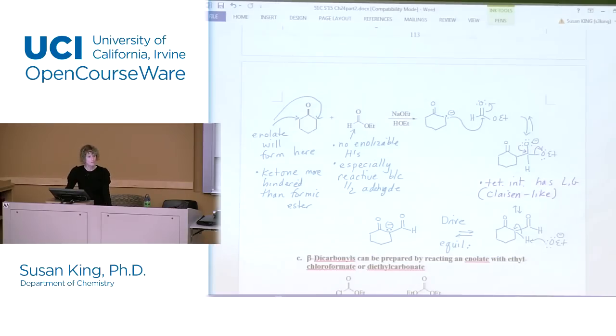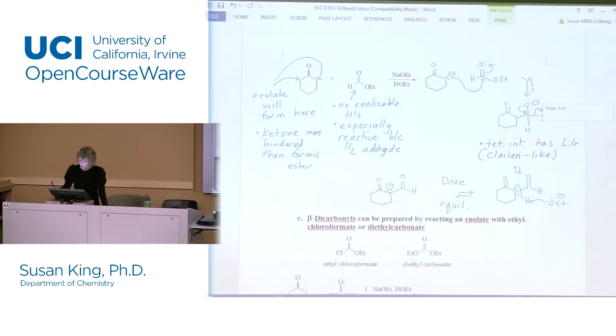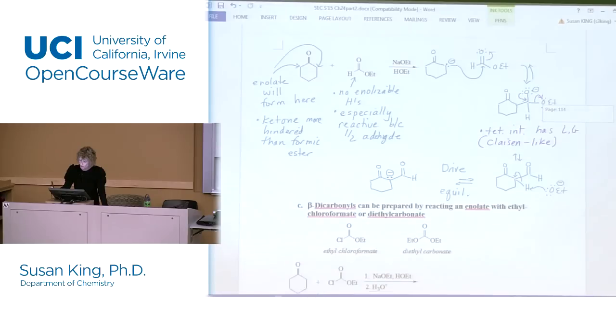Questions on that example? Anybody? All right, so the previous one was an aldol-like. This one was a Claisen-like. We're not going to get too caught up in the names. We are going to be able to figure out what the product is by using all the things that we've learned about with carbonyl chemistry.